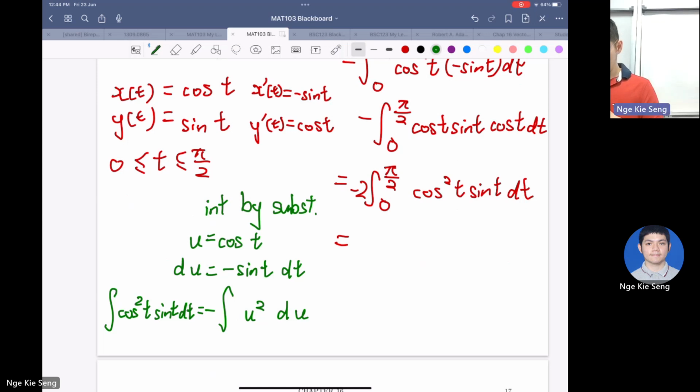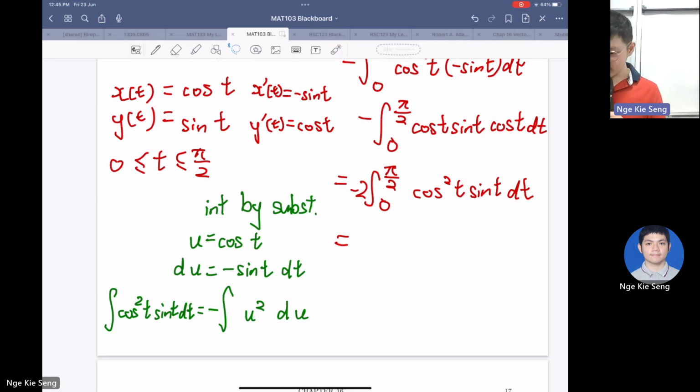I was wondering, can I straight away change my u back to cos t? Cannot, right? Okay, cannot, then never mind.